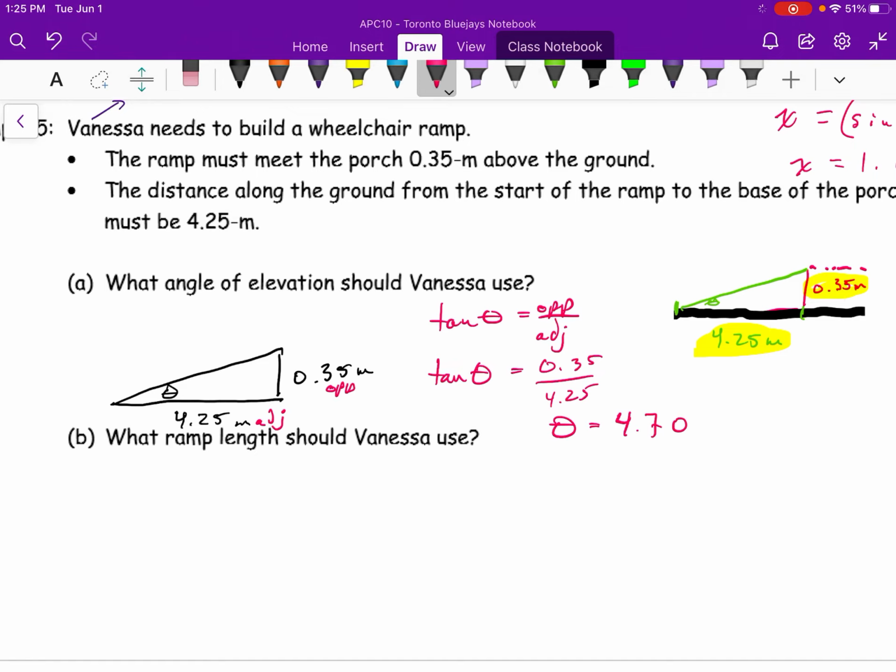And what I get, theta is equal to 4.708. I have to be careful here because it's going to be degrees, because it's an angle.